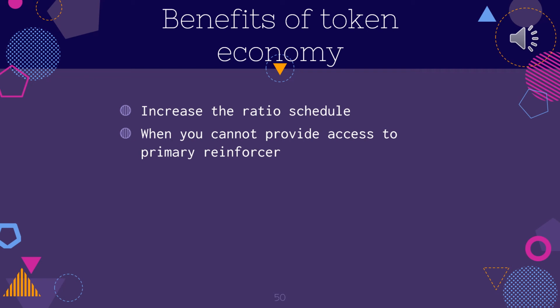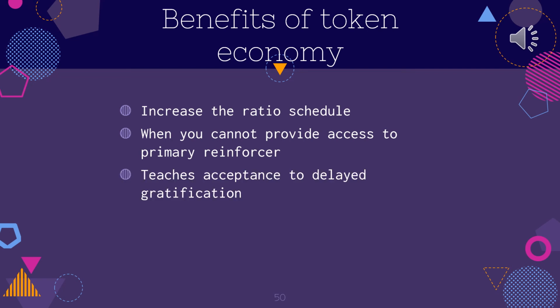Token economies also teach acceptance to delayed gratification. Since you are not immediately providing access to the backup reinforcer, the client is learning to wait and accept those delays.